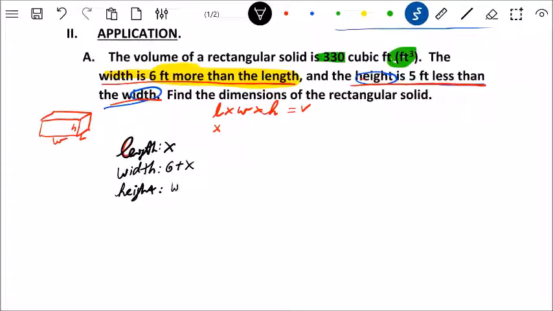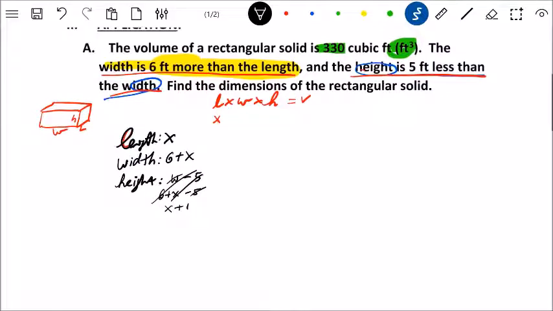So it's going to be the width minus 5, but the width is 6 plus x minus 5. So 6 minus 5 is 1. So the height becomes x plus 1 or 1 plus x. Doesn't matter which way you call it.